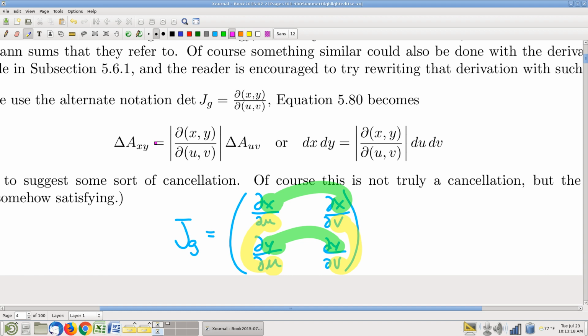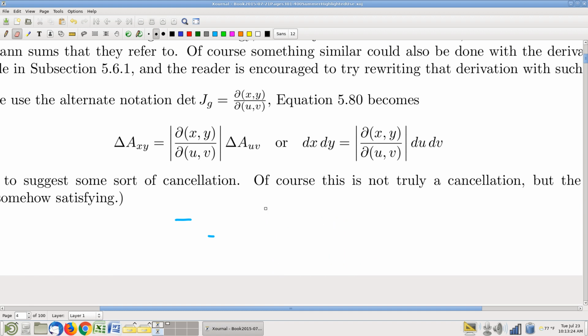Okay. One thing that's kind of nice about this notation, you'll notice, is how the stretching factor is used. Let's rewrite that with differential notation like this.